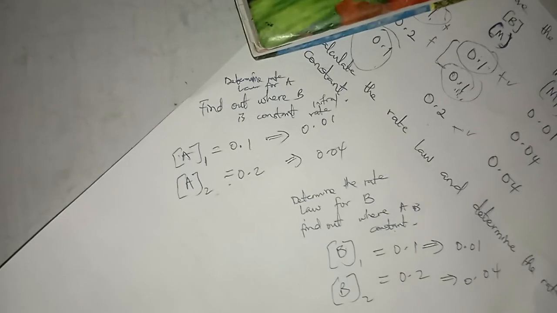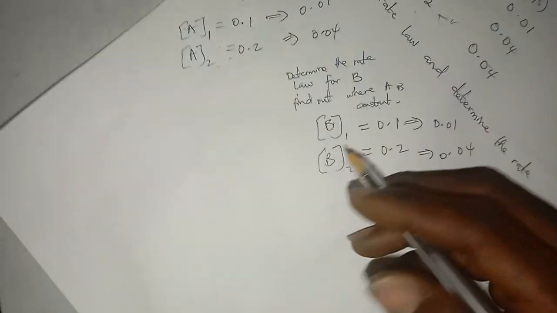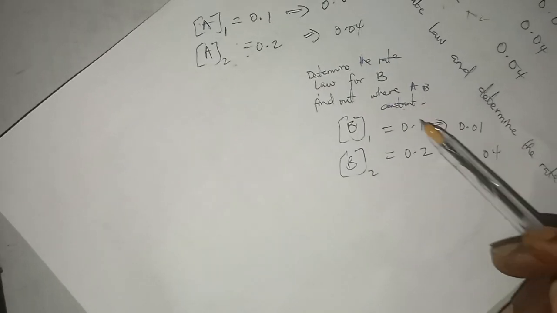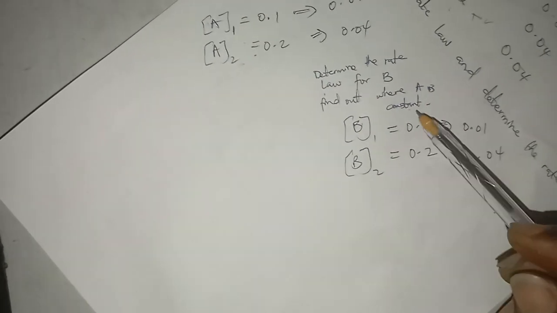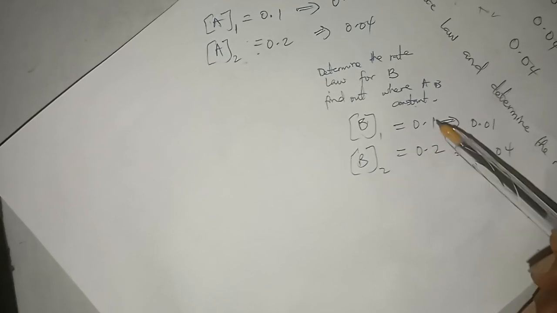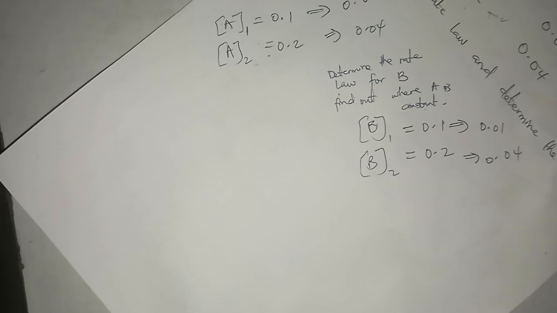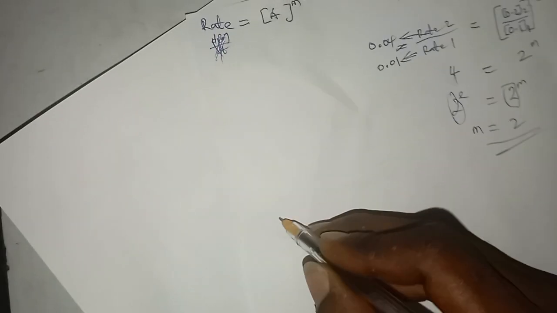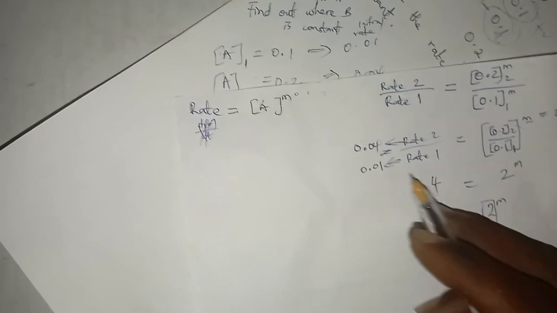Now to get n for B, we've already pulled out everything for B, and we got B by finding out where A is constant. So we found out where A is constant, then pulled out the values in those areas. After pulling it out, we now have the same law we have here: rate 2 over rate 1.